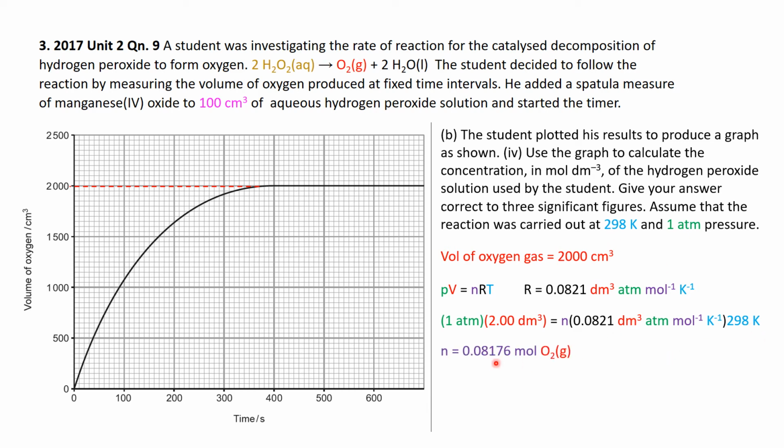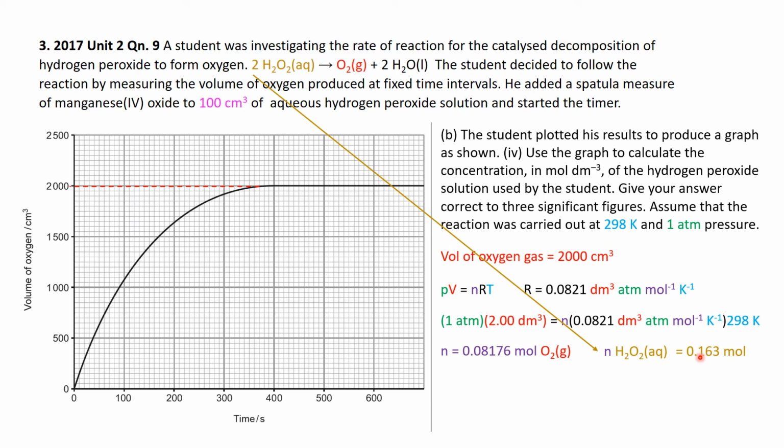Punch all that out, and we have made 0.08176 moles of O2. So we have enough hydrogen peroxide to make 0.08176 moles of O2. Now, of course, you need 2 hydrogen peroxides to make 1 O2, which means we must have twice as much, or 0.163 moles of H2O2.